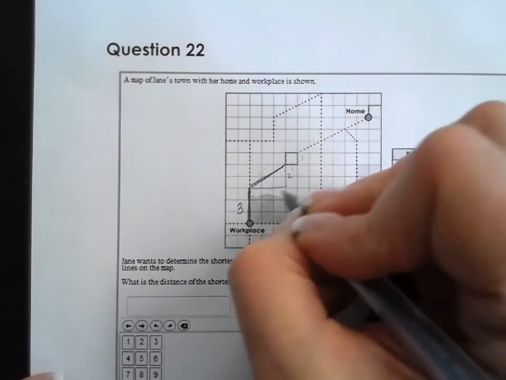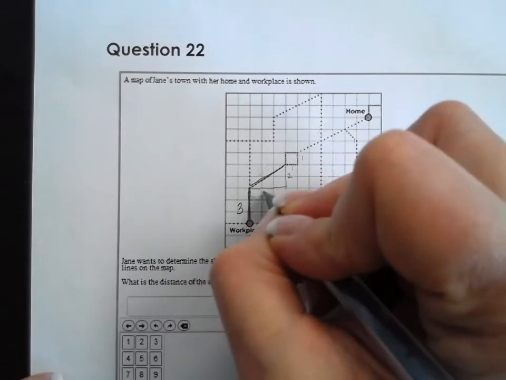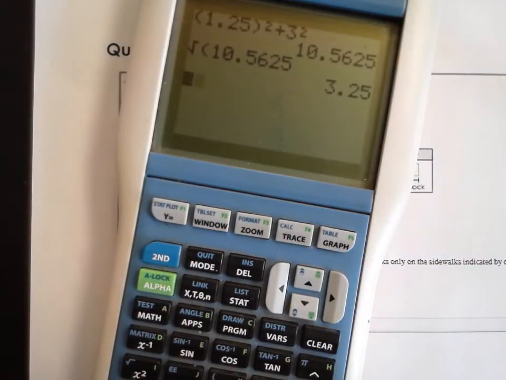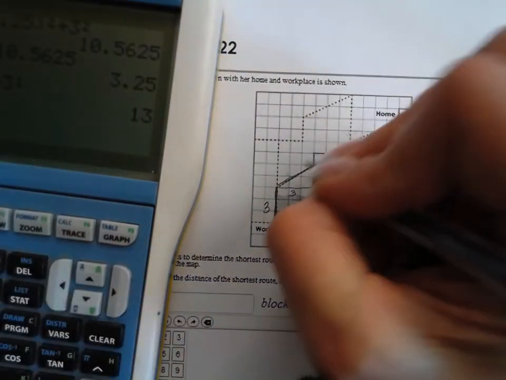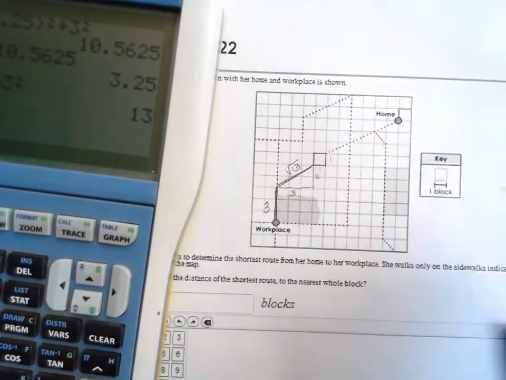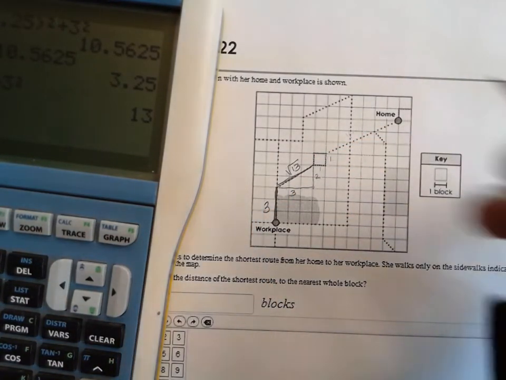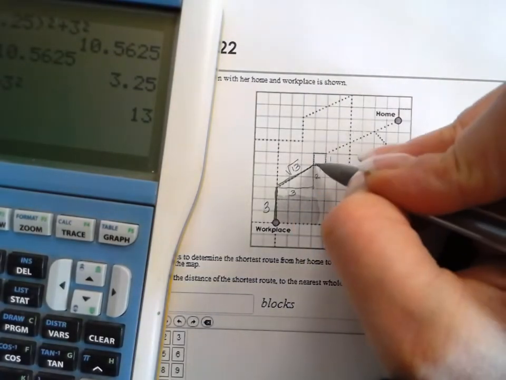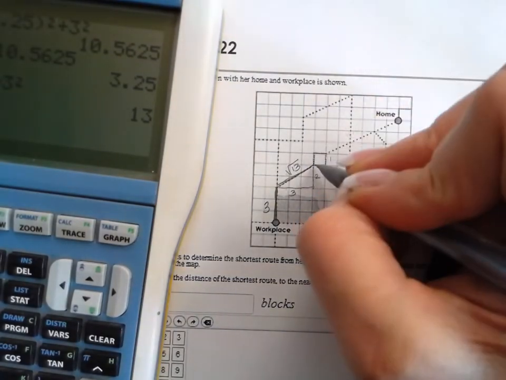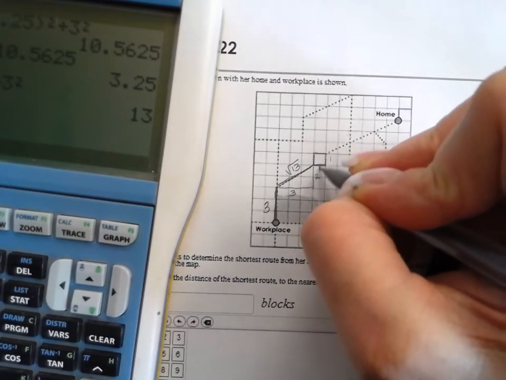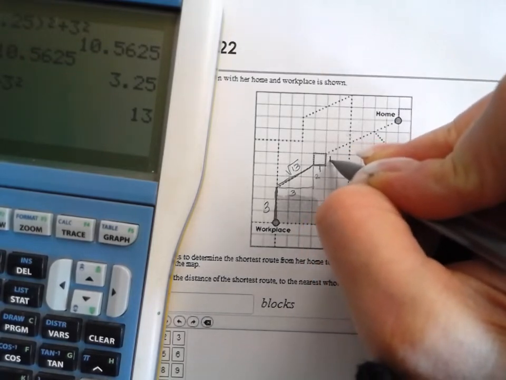So 2, and I have 1, 2, 3. So 2 squared plus 3 squared is 13, so there's the square root of 13. Good so far? Then do we want to walk up or over? It's not really going to matter. There's 1 block, there's 1 block.